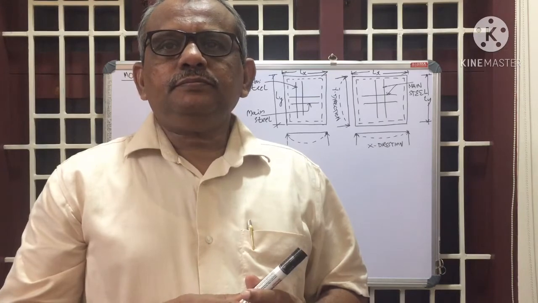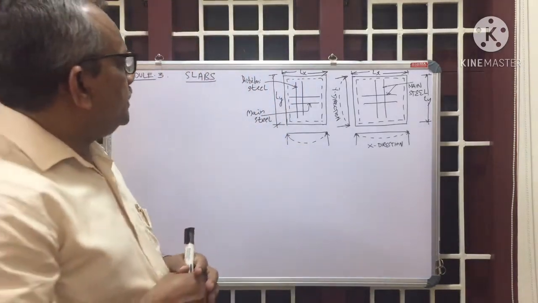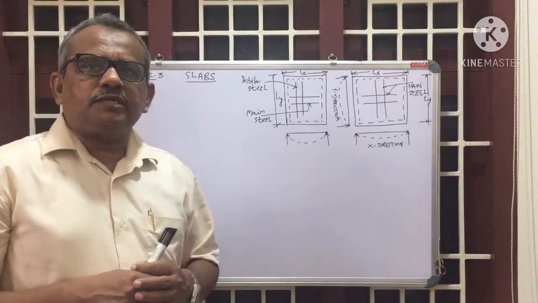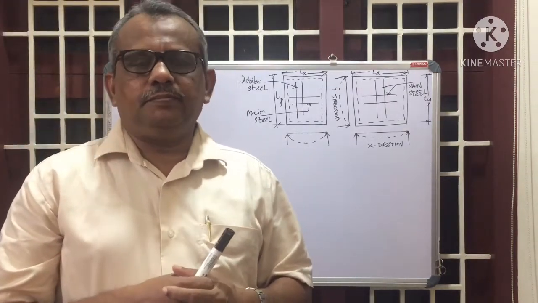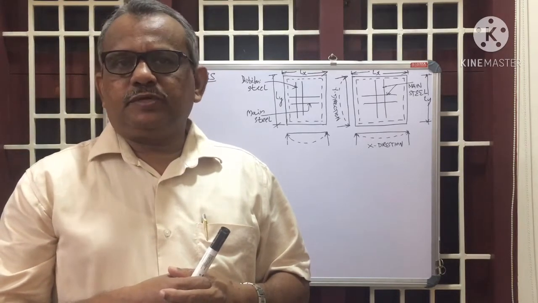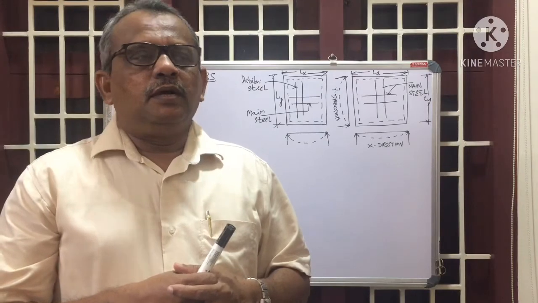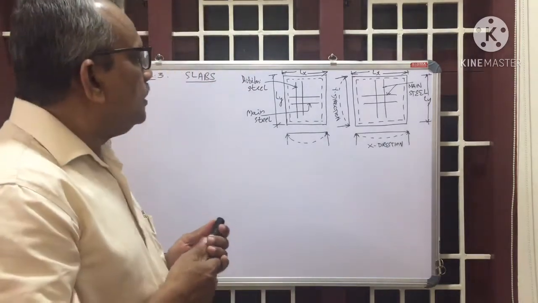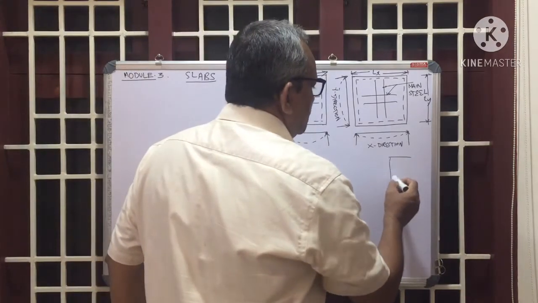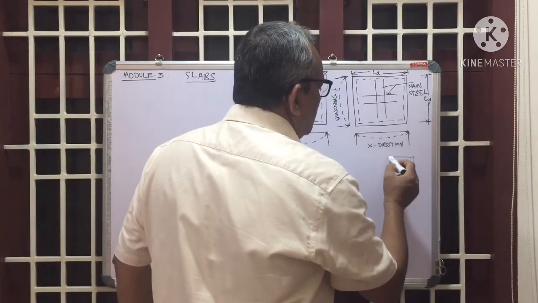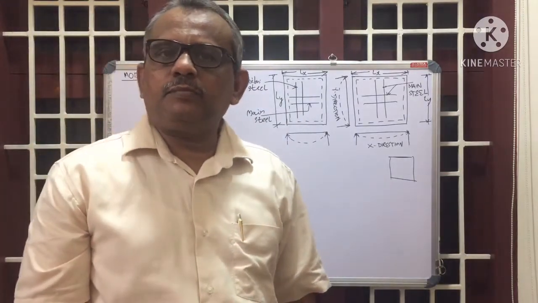And you might have seen that the design and the casting of a slab is different from that of a beam. What is the difference? When we consider the width of the beam, whether it is a singly reinforced beam or doubly reinforced beam, its width will be specified, like 230 mm or 250 mm.